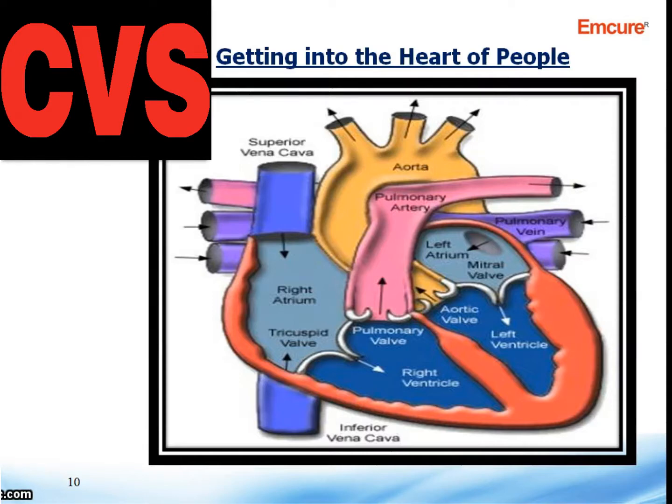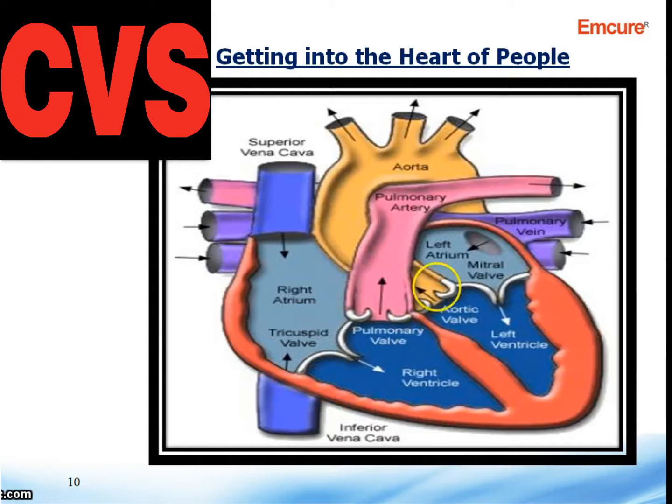Oxygen enriched blood returns to your heart, into your left atrium via the two pulmonary veins which open into your left atrium, and this oxygenated blood reaches your left ventricle from the left atrium during the opening of the valves, and from the left ventricle oxygenated blood is forced into the circulation via the major vessel of the body, which is called the aorta.